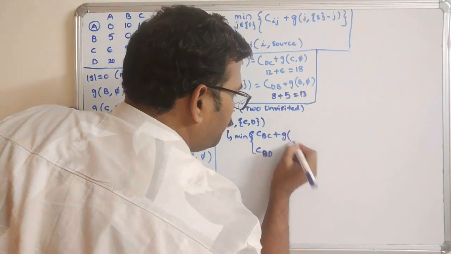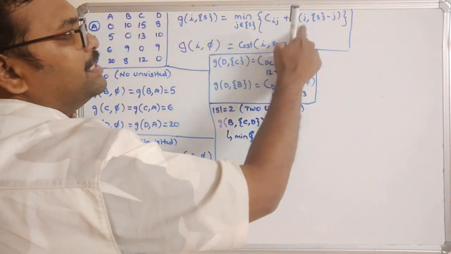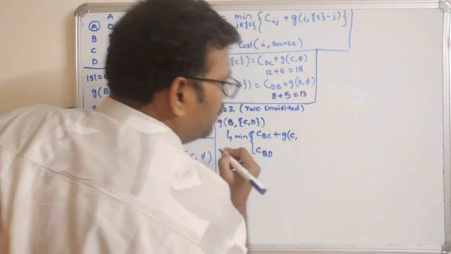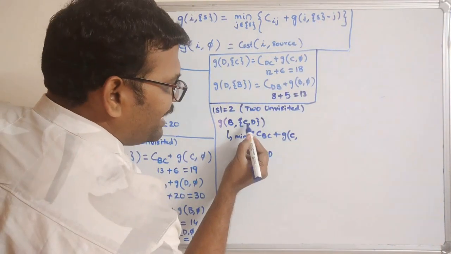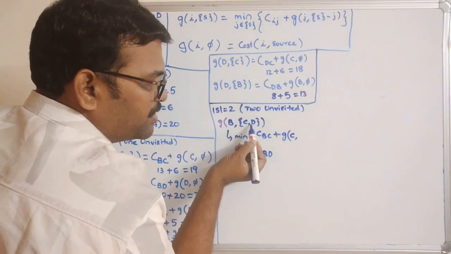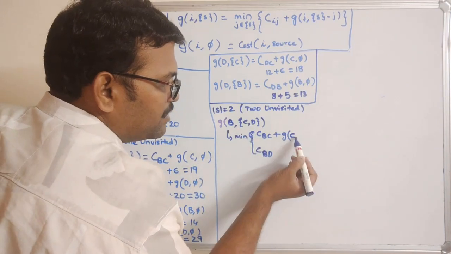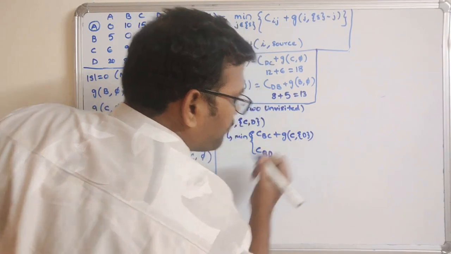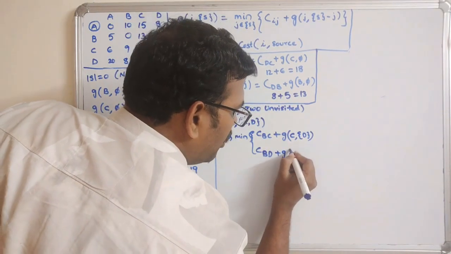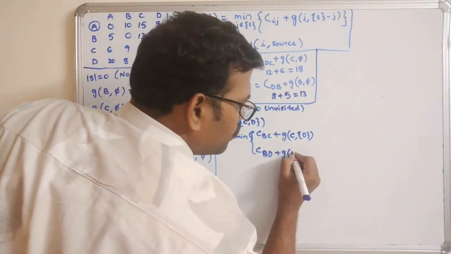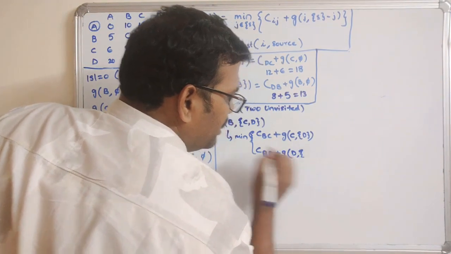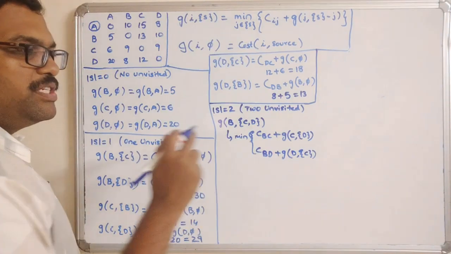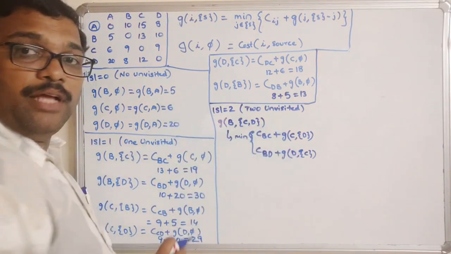Plus G of J, here J is C, comma set minus J. The set has two elements, so set minus C, obviously it will be D. And here also G of J, here J is D, so D comma set minus D, it will be C. So we need to select the minimum cost among these two.